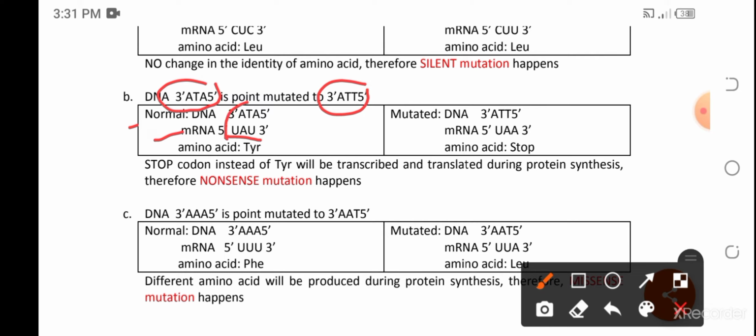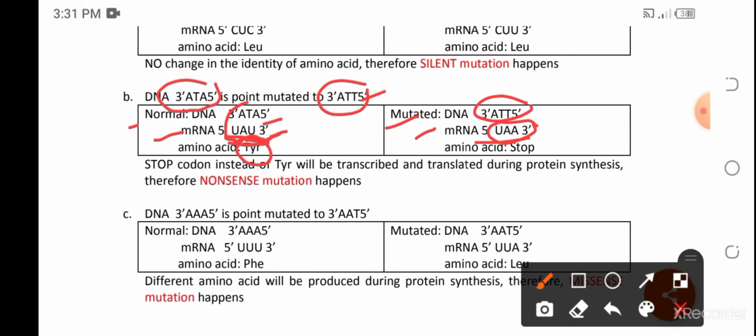So A base pairs with U, T base pairs with A, and A base pairs with U. Using the genetic code table again, UAU codes for the amino acid tyrosine. However, for its mutated counterpart, the 3' ATT will be transcribed into mRNA 5' UAA. So kanina, UAU naging UAA.